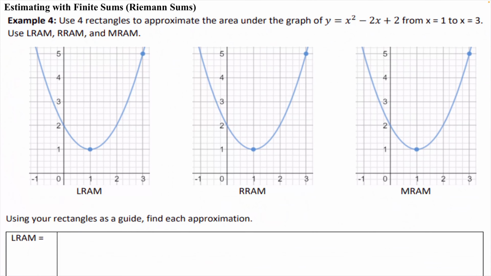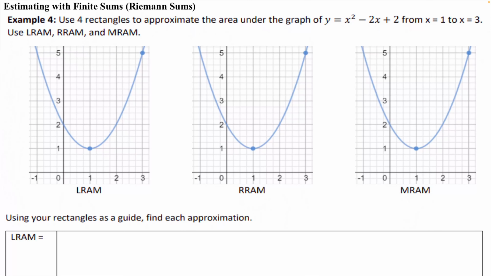Okay, so the difference between number 4 and the ones we've done before is now they've given you a function as well. They're telling you what function goes with the graph. It's going to go from x equals 1 to x equals 3. That's the area we want area under the curve for.